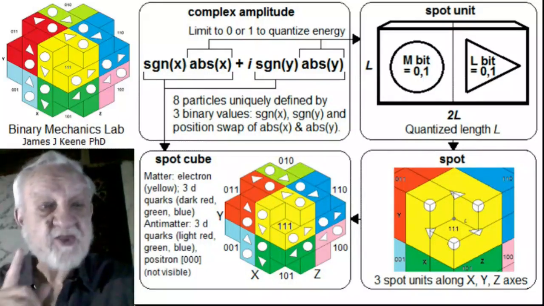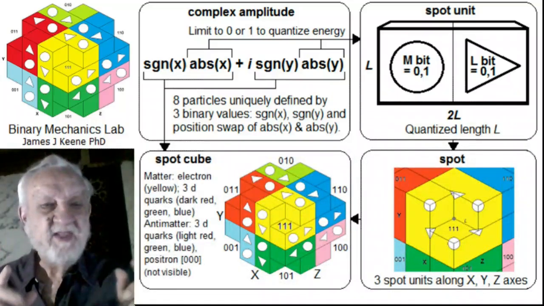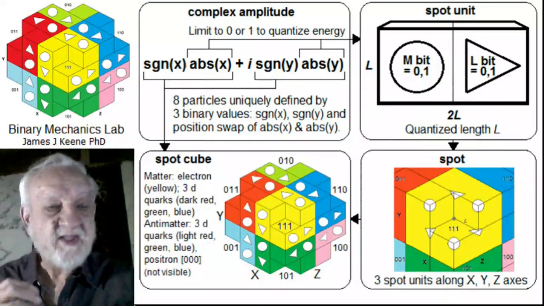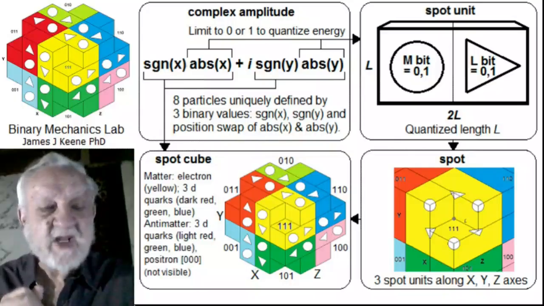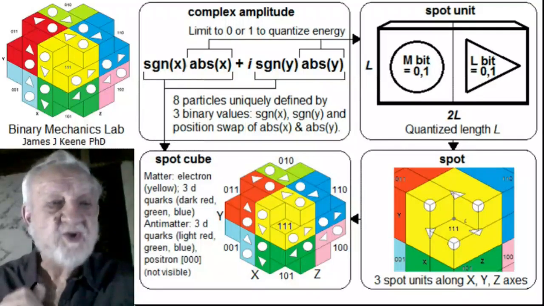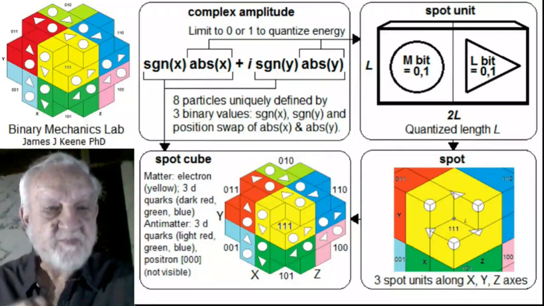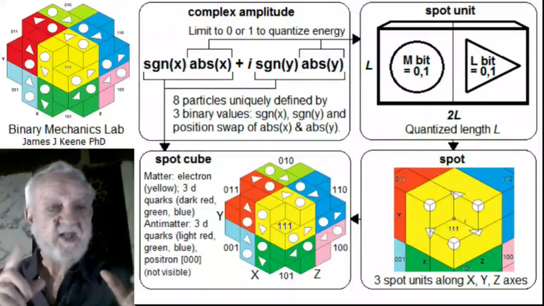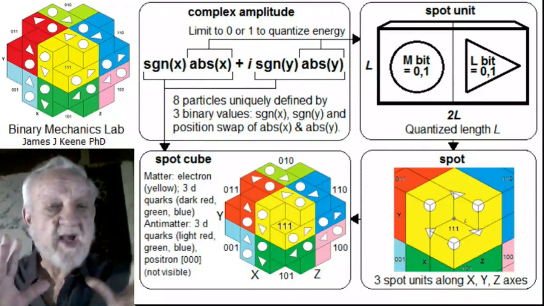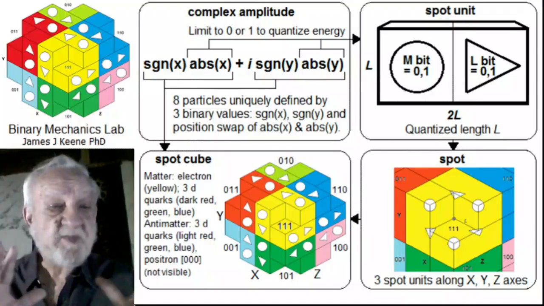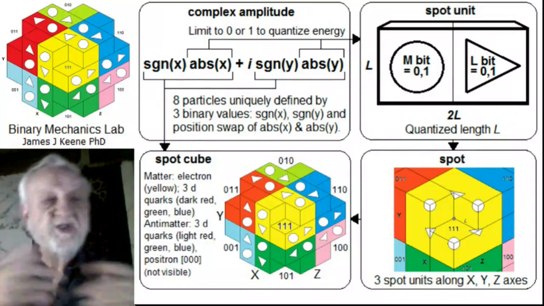With length quantized in the italic L shown in the graph, a spatial object may be defined called the spot unit, where this energy occurs, called the M and L loci. Three-spot units in the lower right may be combined in our 3D space to form a spot.